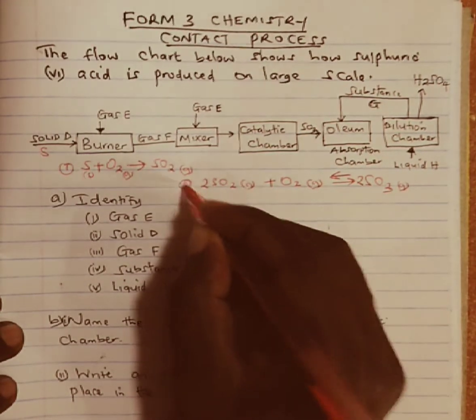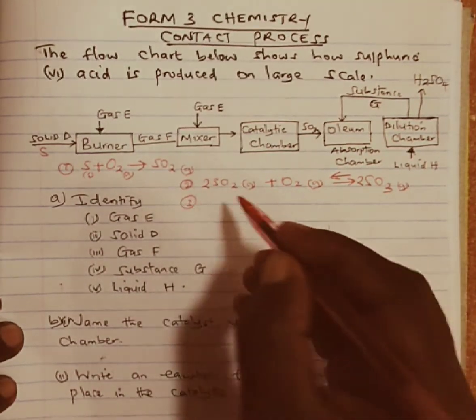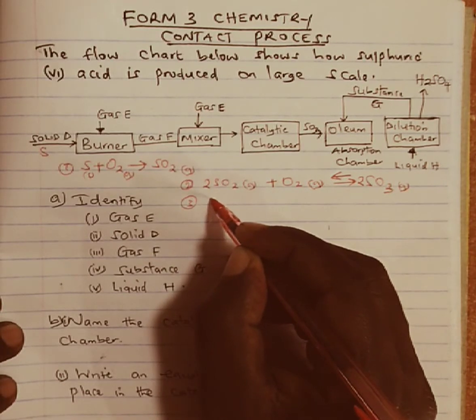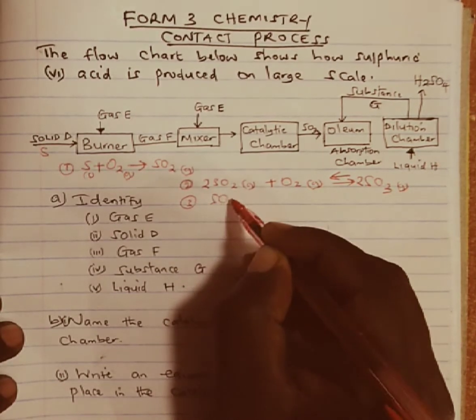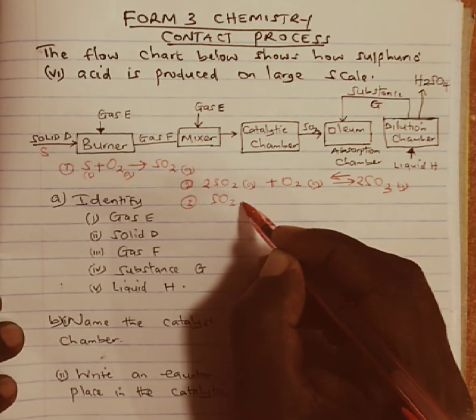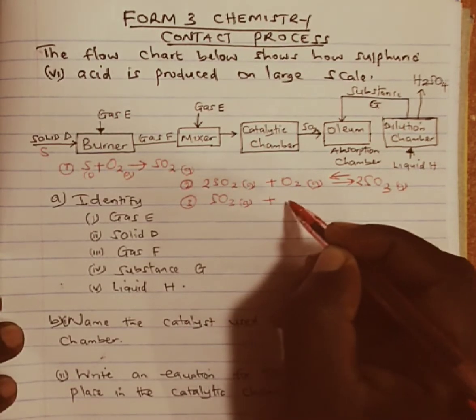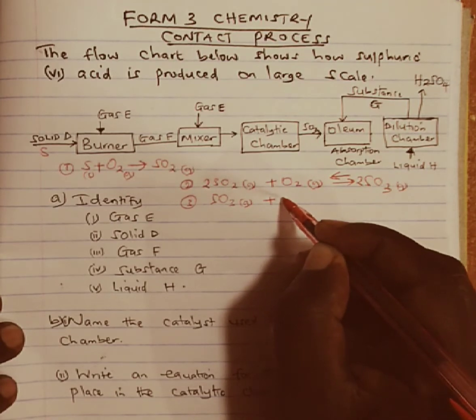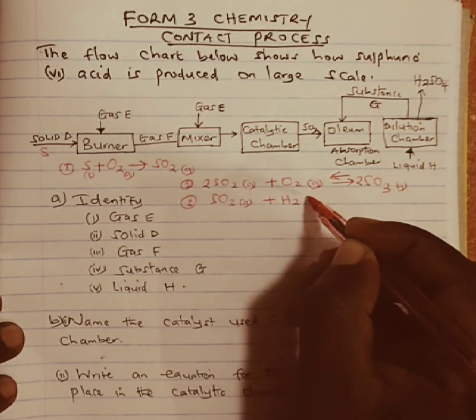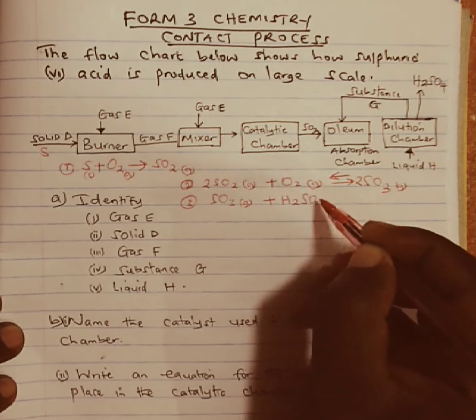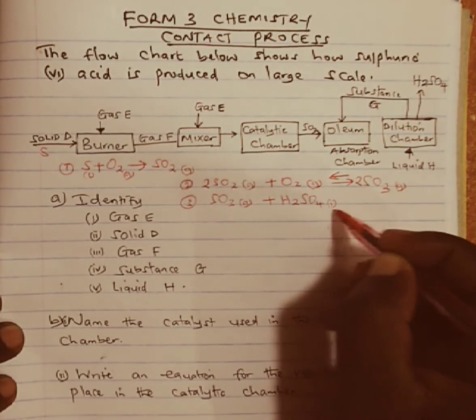And this is going to be our equation number 3, where we are going to have sulfur 6 oxide being dissolved in concentrated sulfuric 6 acid, that is H2SO4. This is a liquid.